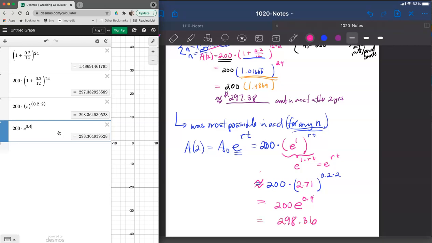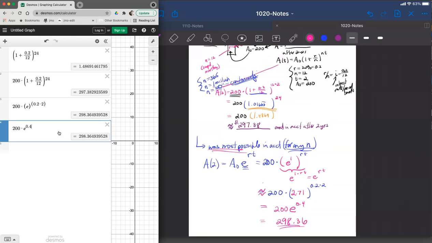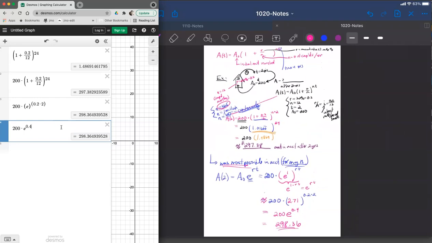This is the most possible our money could have grown to. When we went from 12 compoundings per year to an infinite number, we only gained about $1. That doesn't seem like a lot unless you're talking about millions of dollars that you start with as A0. So that is a good example of how to use both of those formulas in the context in which they arise.